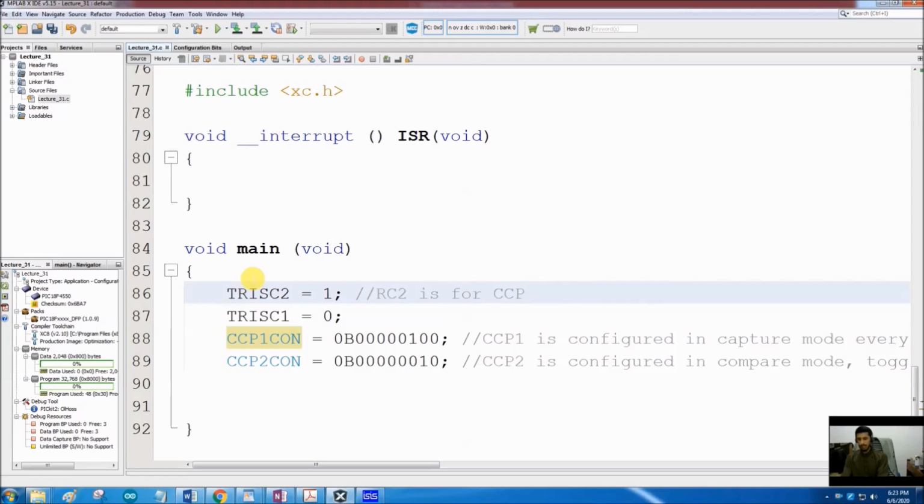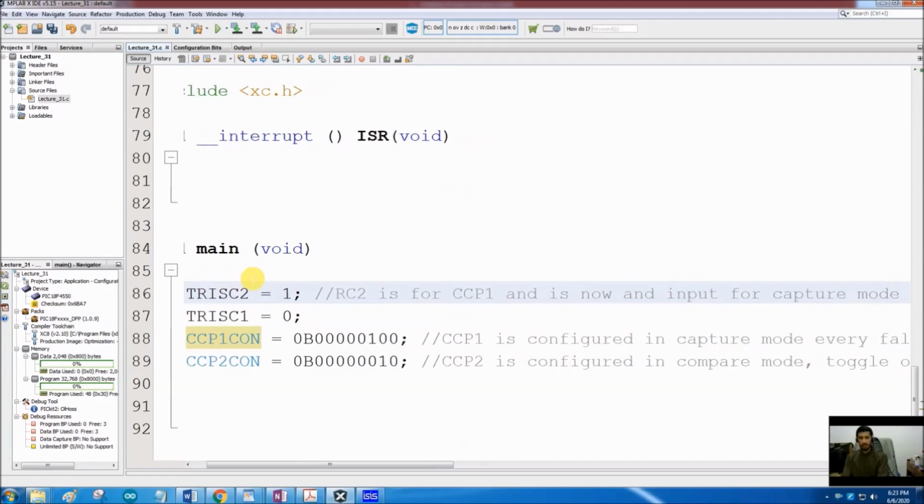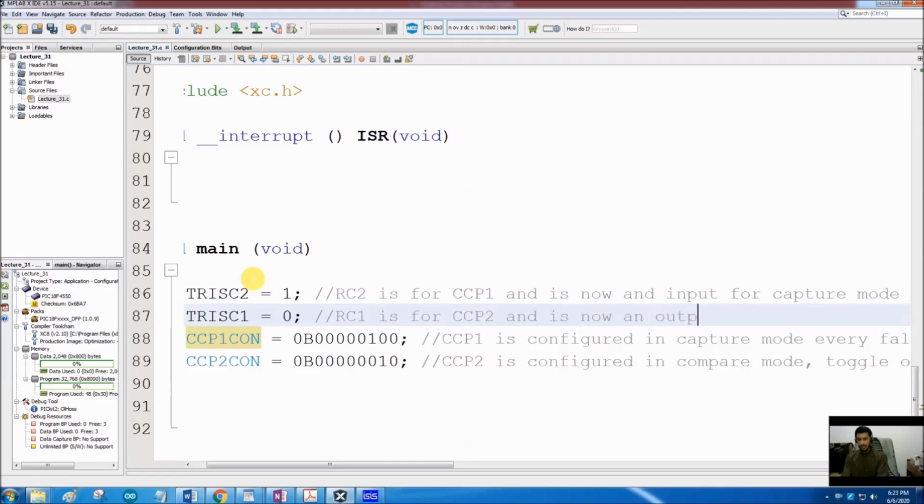RC2 is for CCP1 and is now an input for capture mode, and RC1 is for CCP2 and is now an output for compare mode.